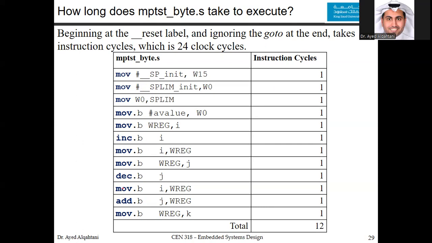They don't need to update the PC. So they have 1 instruction cycle for each instruction. We have 12 instructions. The total will be 12. So this code takes 12 instruction cycles, which is 24 clock cycles.